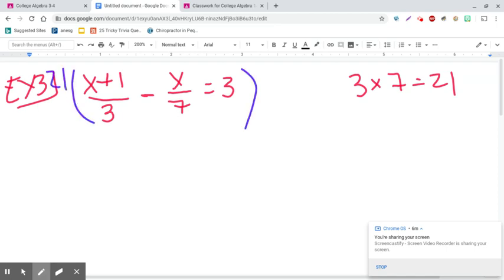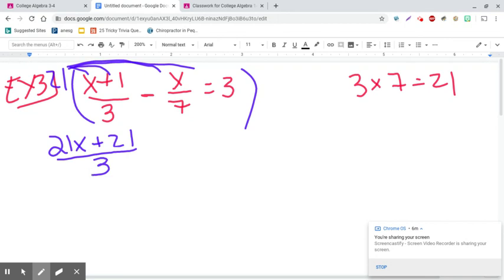Okay? It's going to go to the x, it's going to go to the 1. It's going to go to the x, and it's going to go to the 3. Multiply out, we get 21x plus 21. That all is going to go over 3. Bring down your minus. 21 times x is 21x over 7. And that's going to equal 21 times 3 gives us 63.